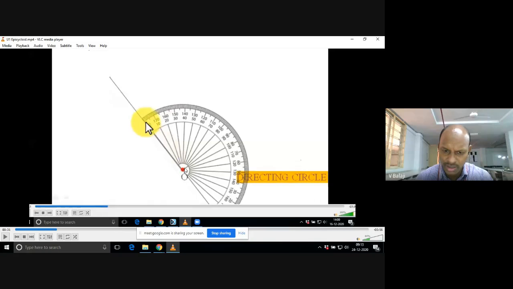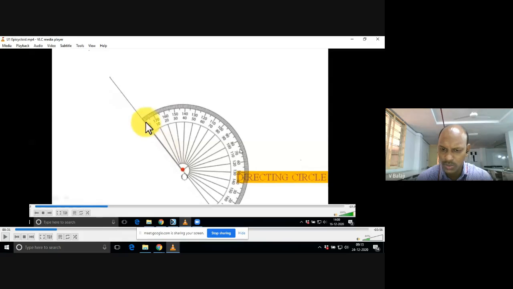You match your protractor to that line, and on that line anywhere you take a reference point O. Now this is the angle 0. If you go clockwise like this, this is the angle 10, 20 degrees, 30, 40, 50, 60, like that, right?